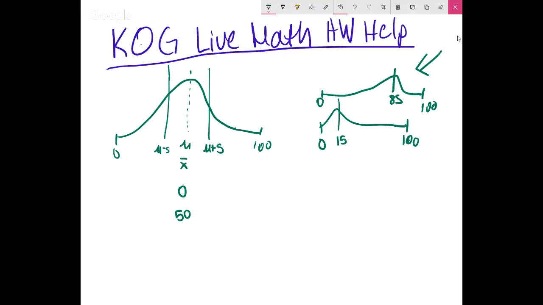Sorry, s is standard deviation. What am I talking about? S is standard deviation, and then I actually think this is supposed to be x minus s.